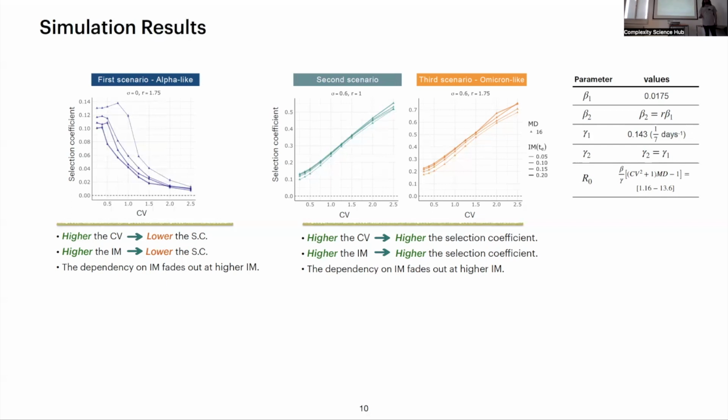Sure. Okay. I should have plotted that too, but when the immunity level is exactly 0, so both variants emerge at the same time, this is a flat line. So the second variant doesn't win, even though it has higher infectiousness? No. Because in your first scenario, you have higher infectiousness for the second variant. Yes.